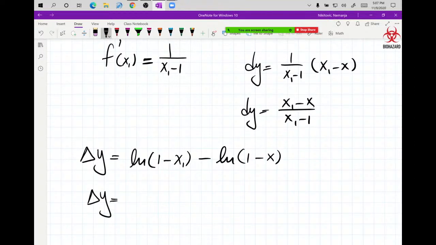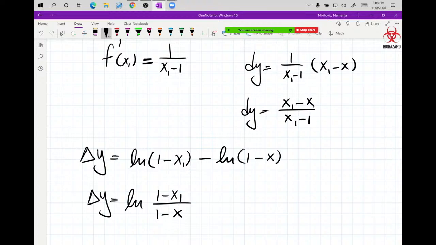Now we know that these guys stack, they stack on top of each other. So I just have the ln of 1 minus x1 over 1 minus x.